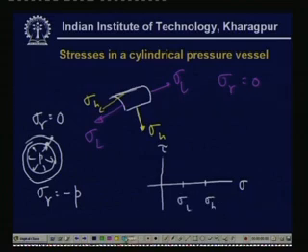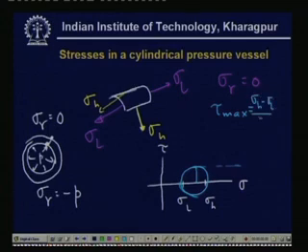If you draw a Mohr circle, this is the circle. Therefore, the maximum shear stress is this point, tau max equal to sigma h minus sigma L divided by 2, which is the radius of this Mohr circle.